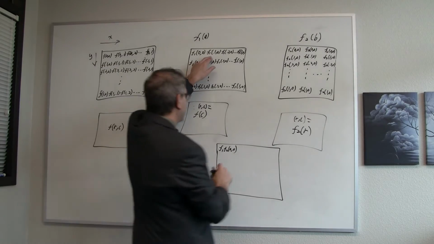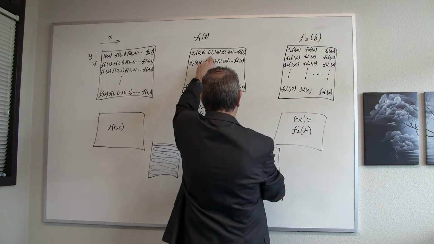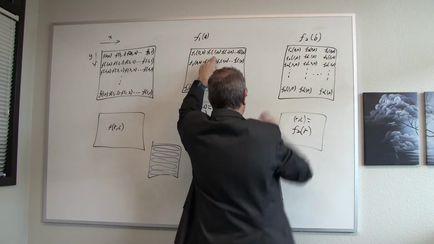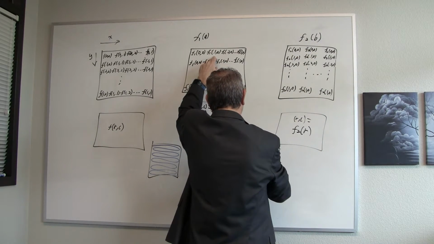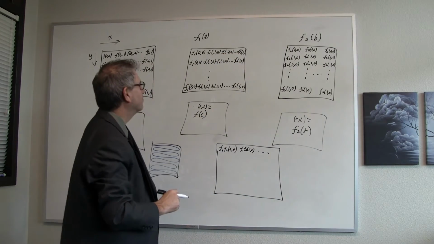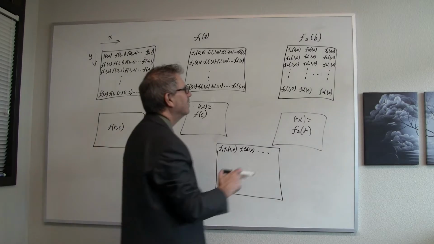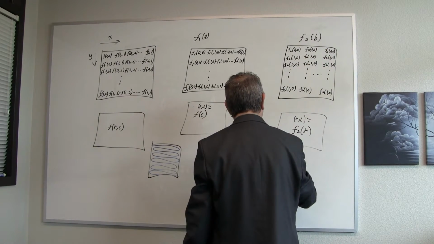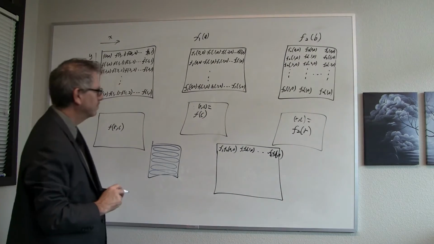And the second value will be f1 of 0.1 times f2 of 0, that's f1, f2 of 0.10, all the way over to this, which has f1 of 1, and this, which has f2 of 0, this will be f1, f2 of 1, 0.